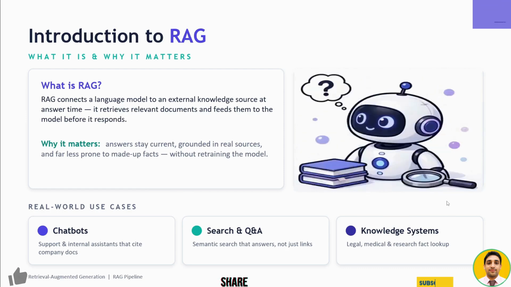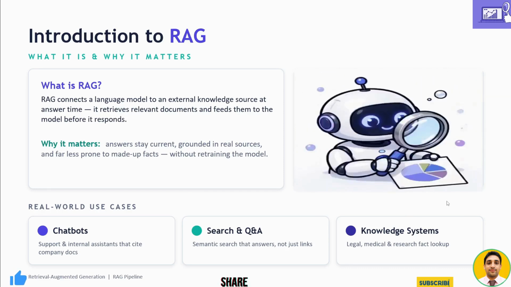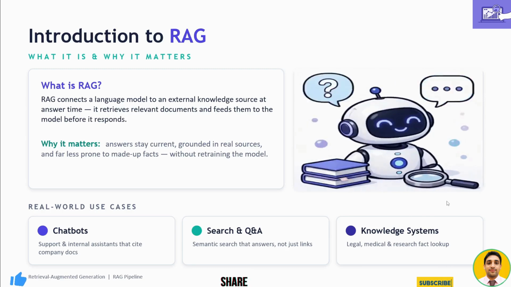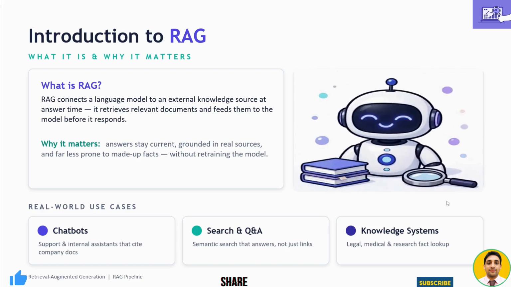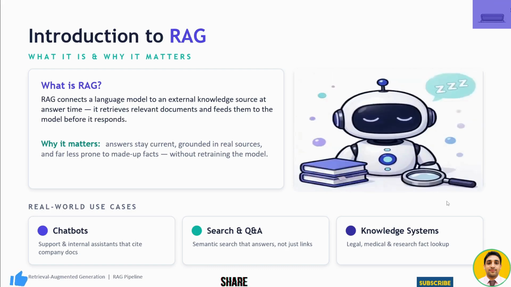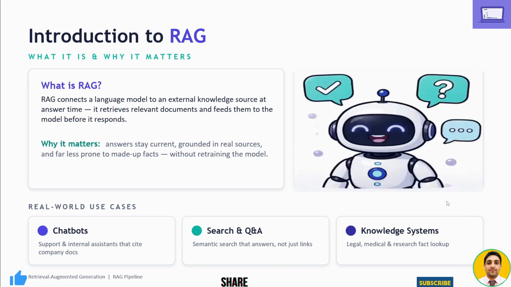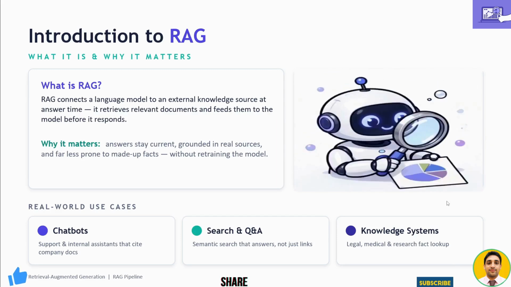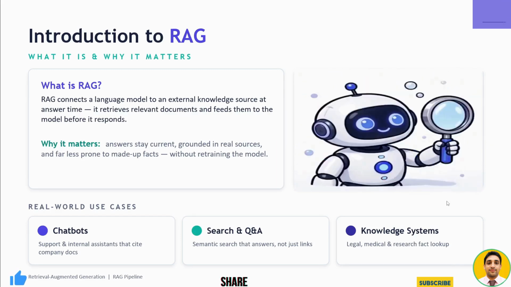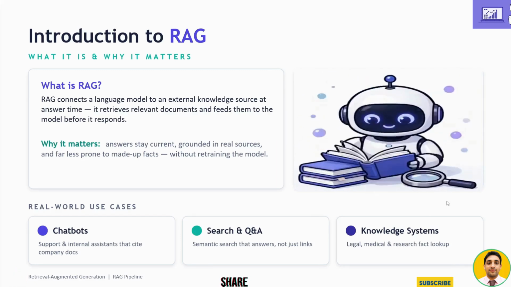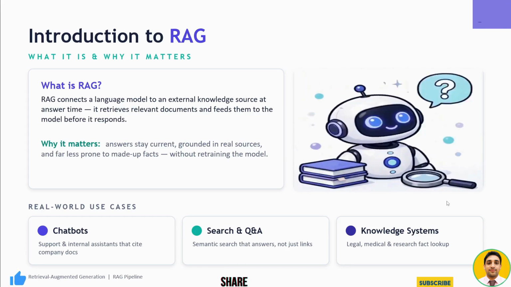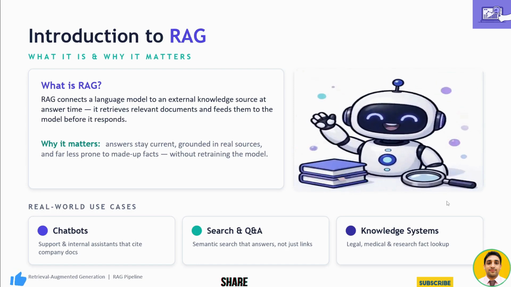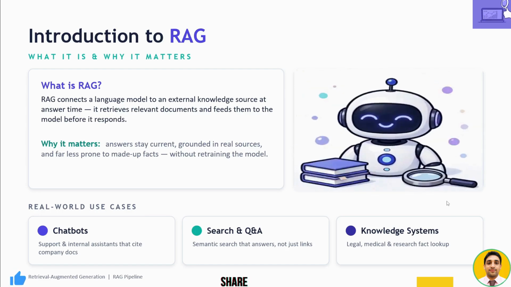This approach has several real-world use cases. First, consider chatbots. Many companies build support and internal assistants that can cite their own company documentation directly when answering employee or customer questions, making the responses accurate and traceable. Second, search and question answering systems.